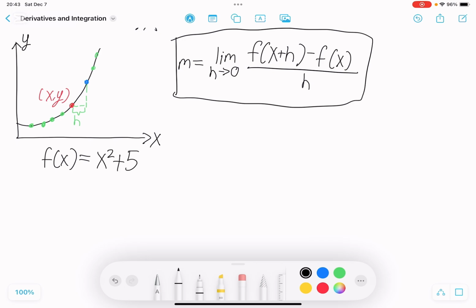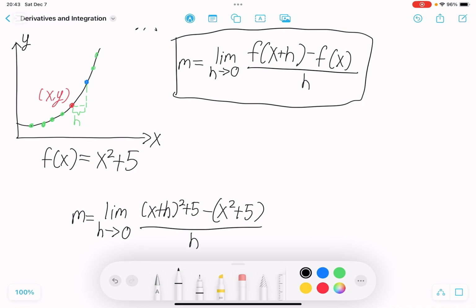Then if we plug this into the top of the definition, then we know that m is going to be the limit as h approaches 0, and f of x plus h is just x plus h squared plus 5, while we subtract that from x squared plus 5, over h.